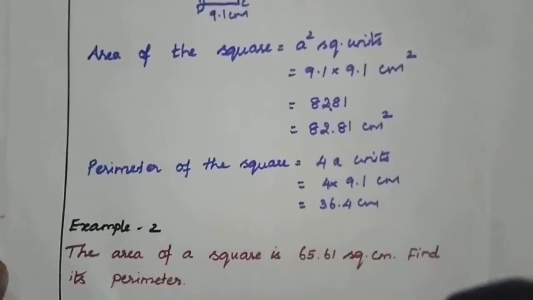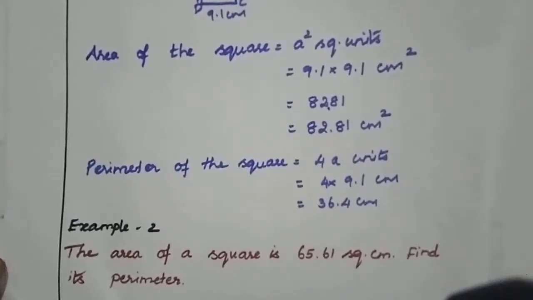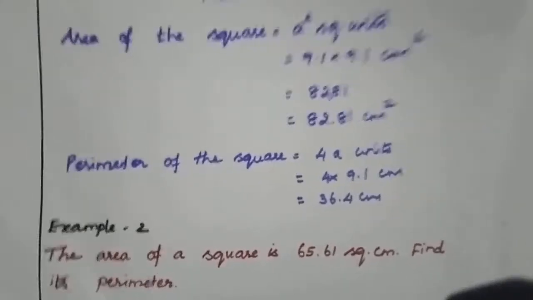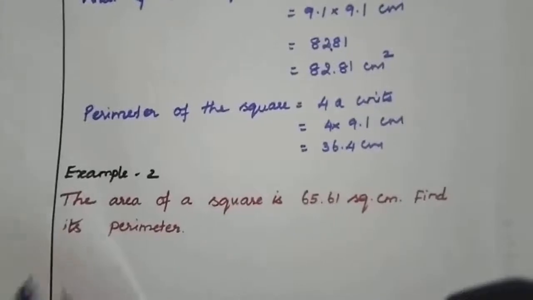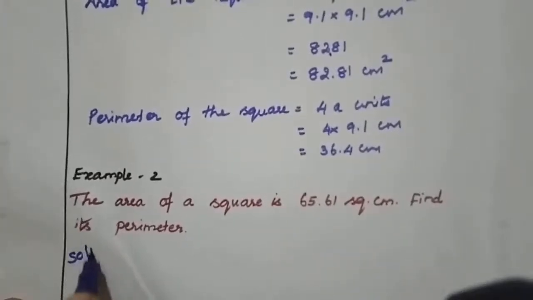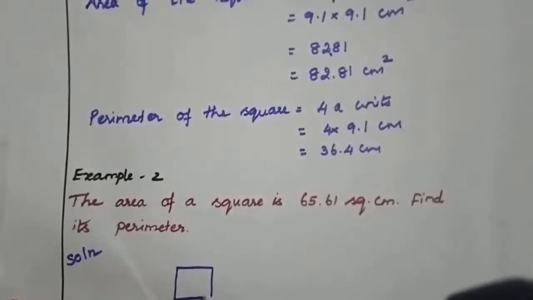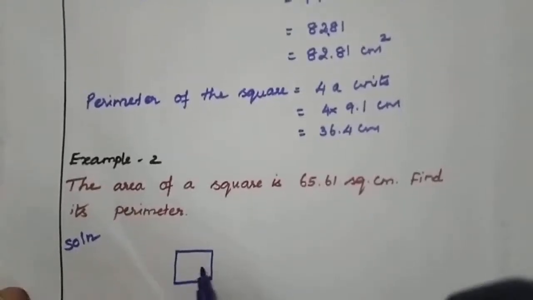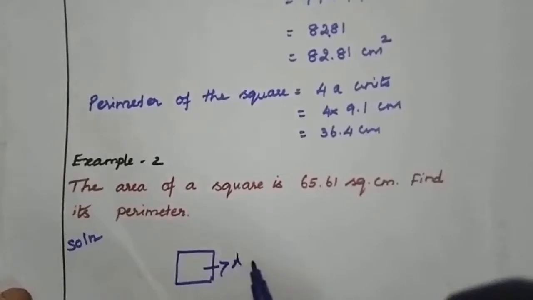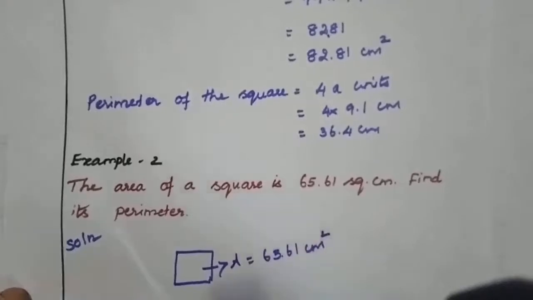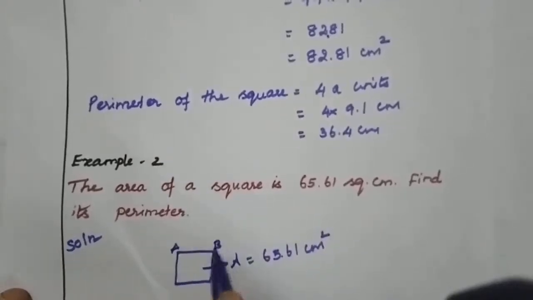Example 2. The area of a square is 65.61 square centimeter. Find its perimeter. Let us solve this one. The area of this square, they have given us 65.61 square centimeter, or you can write it as centimeter square.